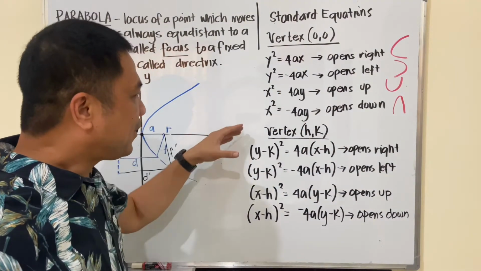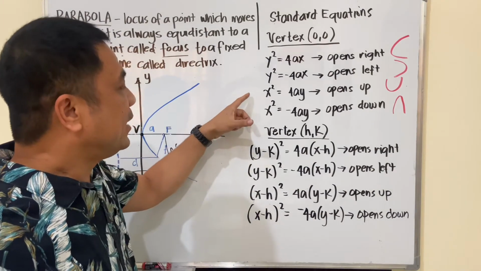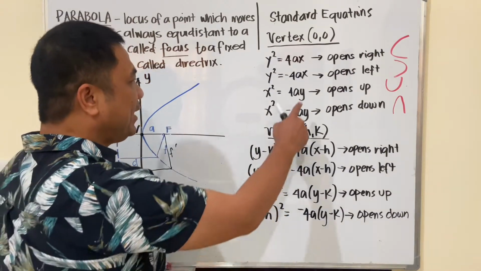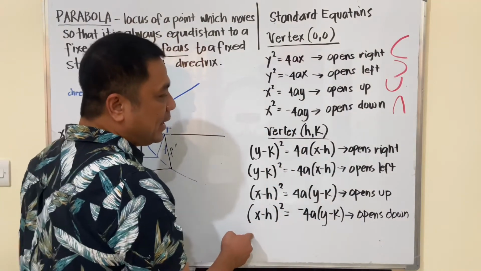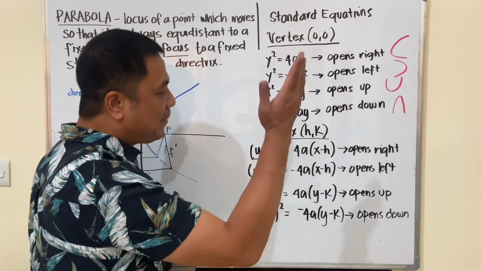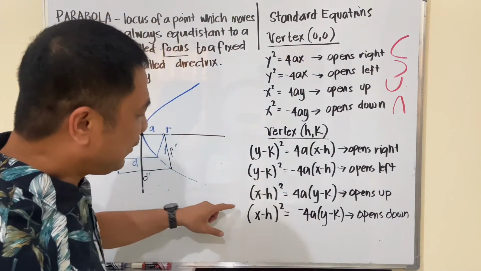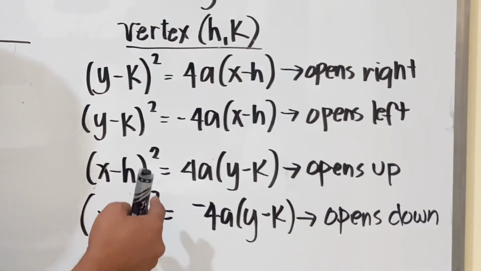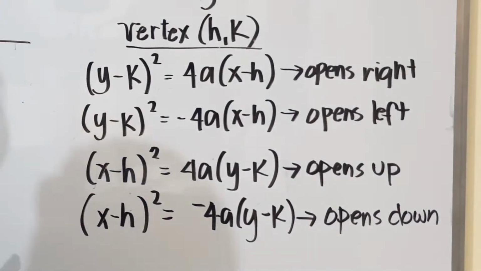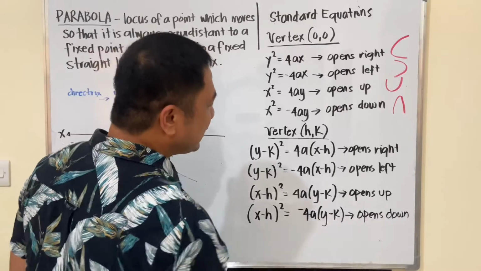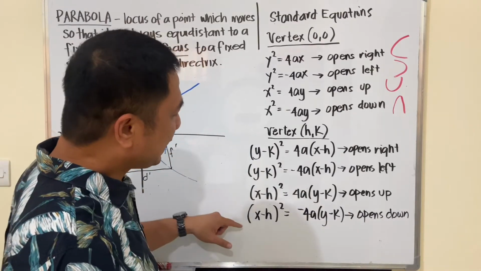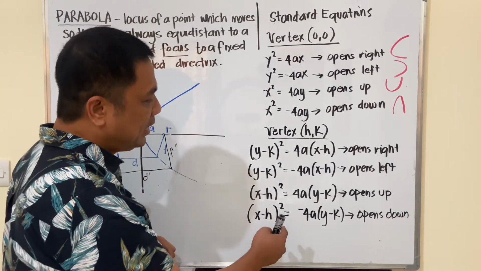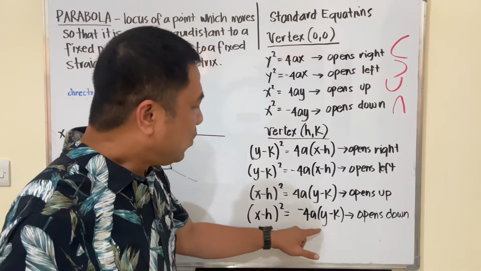Similarly, if your x variable is squared and your y is on the first degree, your curve is either opening up or opening down. Say for example here, (x minus h) quantity squared is equal to 4a times the quantity (y minus k). So it opens up.